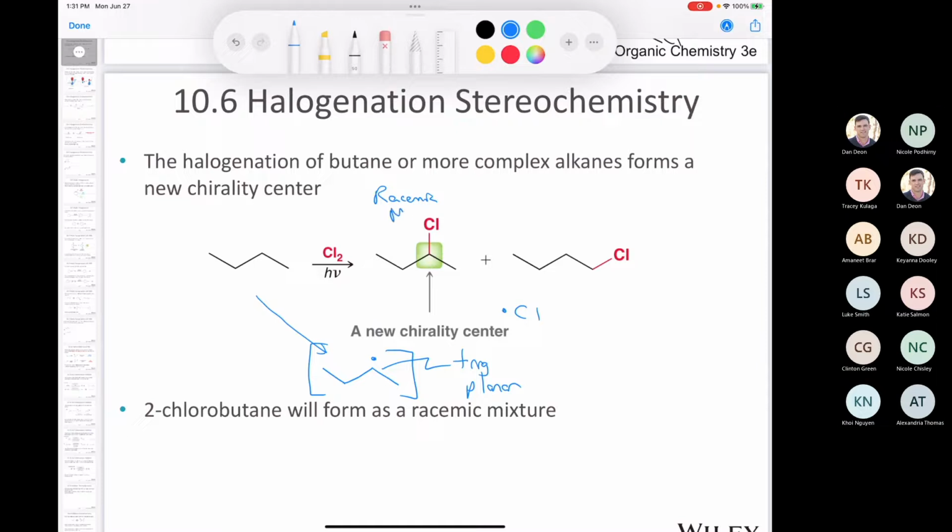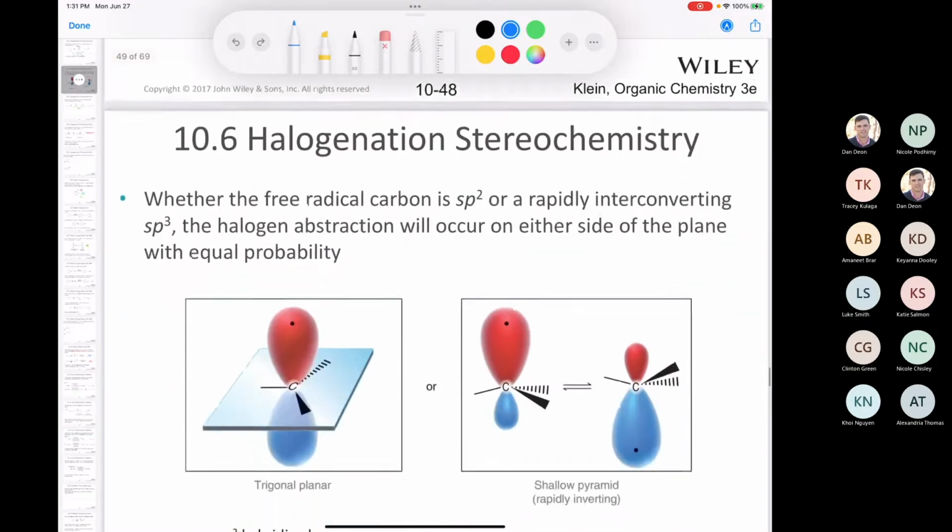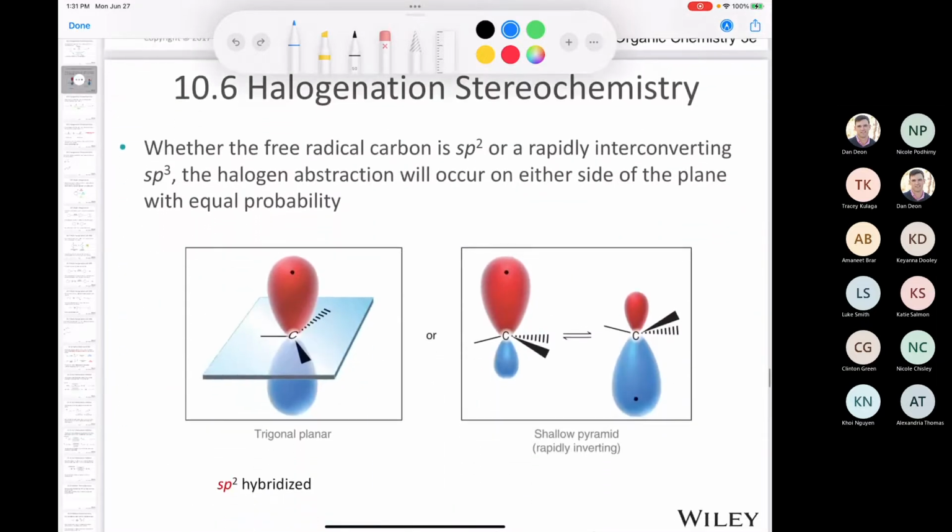Racemic mixture. I like that. Now there's no stereocenter here, so you don't have to worry about that. But if you form a stereocenter, because we treat our radicals as being trigonal planar, again, if you have a radical, it can come in from the top face of the molecule like that, or it can come in from the bottom face of the molecule like that.